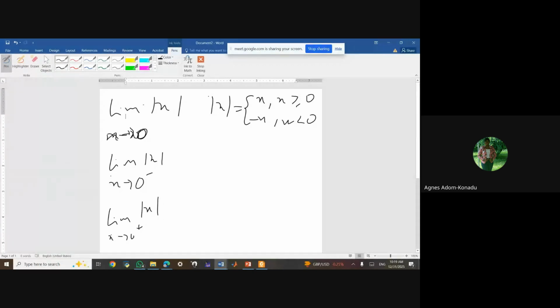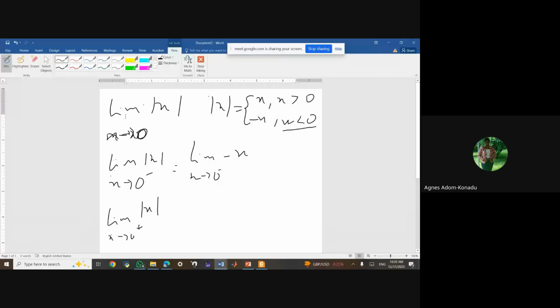So let me look at greater than and then less than. For approaching it from the negative side, it means I want to look at x less than 0. So I want to find the limit as x approaches 0 from the left of negative x.